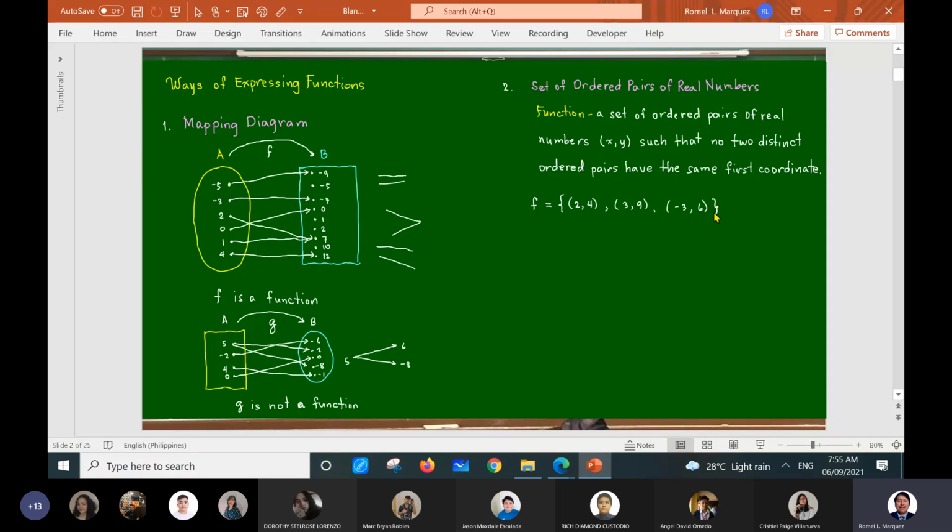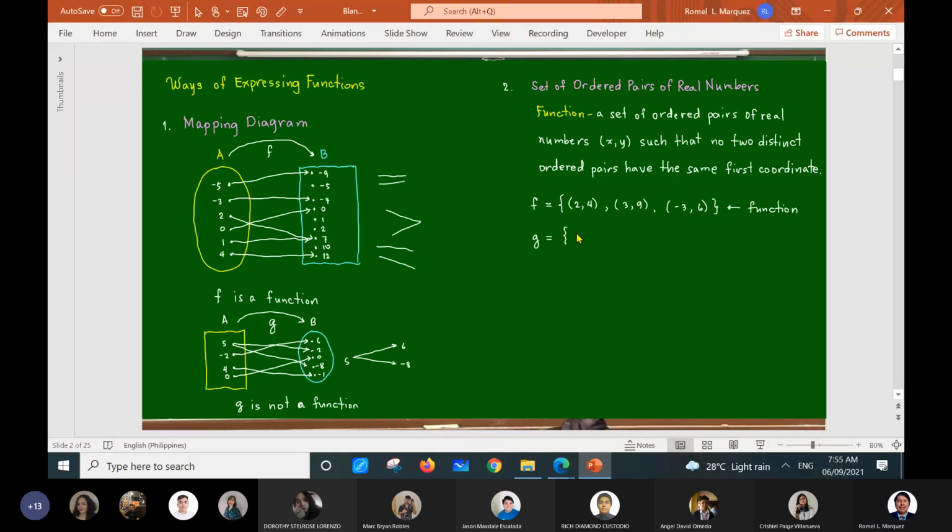So this f defines a function. Okay, guys? Why is it that this defines a function? If you're going to look at f, two distinct ordered pairs like (2, 4), (3, 9), they are distinct. Do they have the same first component? No. Take another two. Do they have the same first component? No. This two. Do they have the same first component? No. Is that clear, guys?